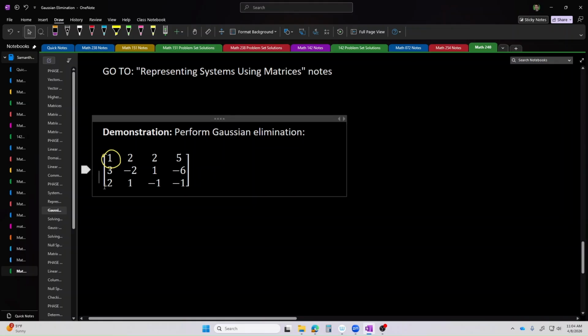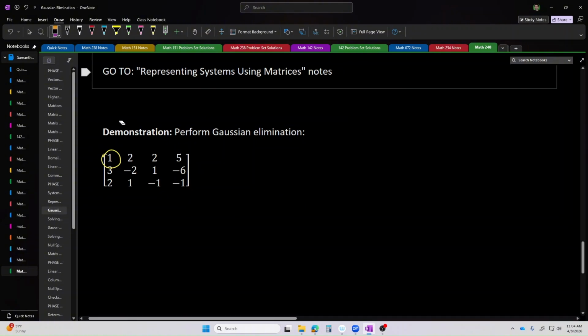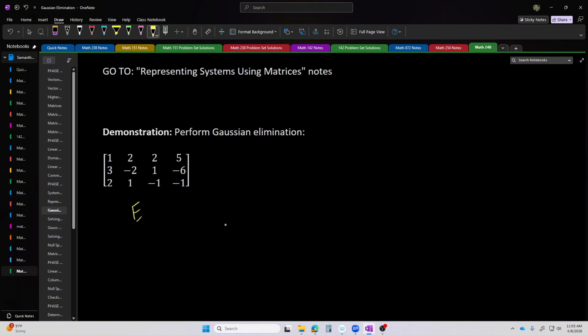So I'm going to try and wipe out these values underneath 1 in the first column using some combination of the elementary row operations. Eliminate the pivots underneath 1 in the first column.